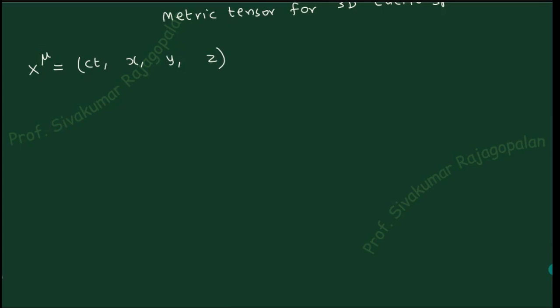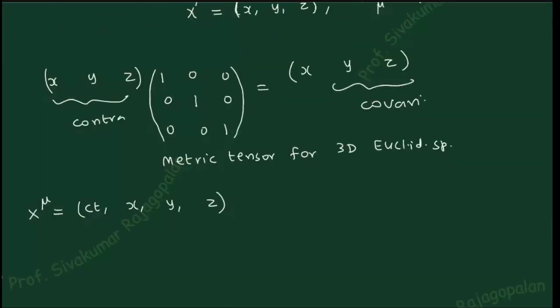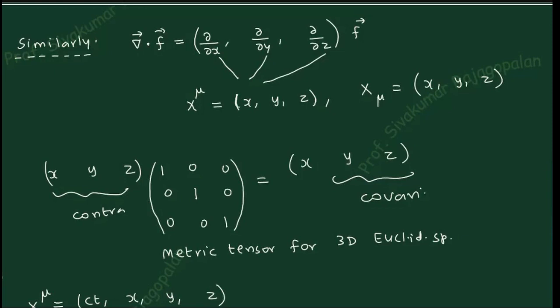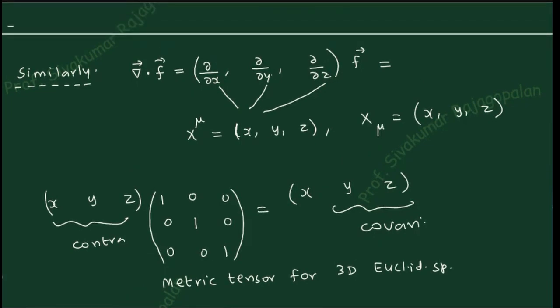Here I want to tell something about the derivative. You have x here, y here, and z here. Because of that, we can write this quantity compactly as dou divided by dou x mu, since x comma y comma z, all three combined, is x mu. That is how you have to put it.